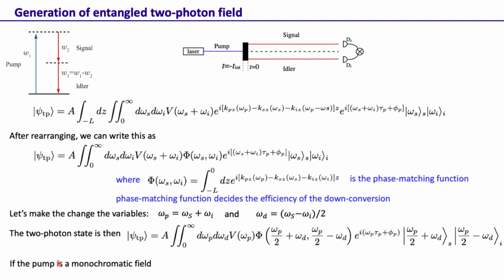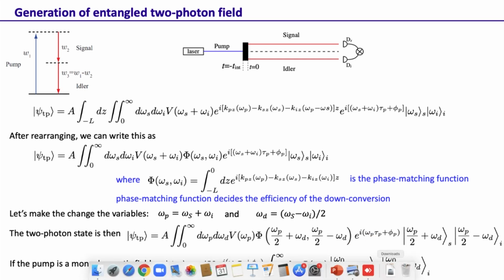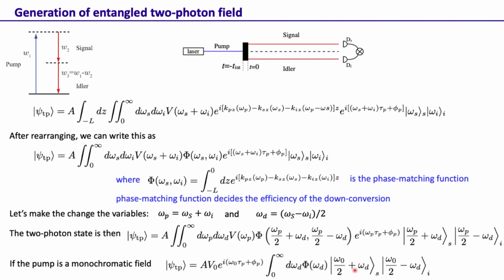Now suppose the pump is a monochromatic field of frequency omega naught. Then this integral over omega p can just be replaced by a number over here, just v naught, and this term then just comes out with omega p getting replaced by omega naught, and we are left with just this single integral. And this is the signal state and this is the idler state.